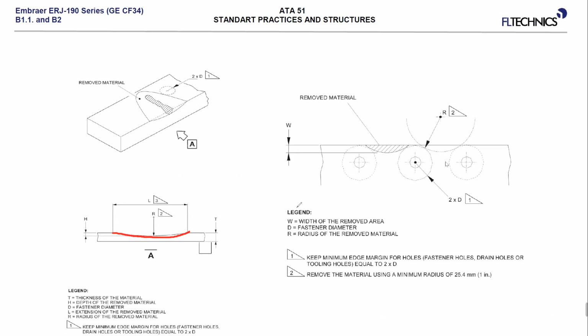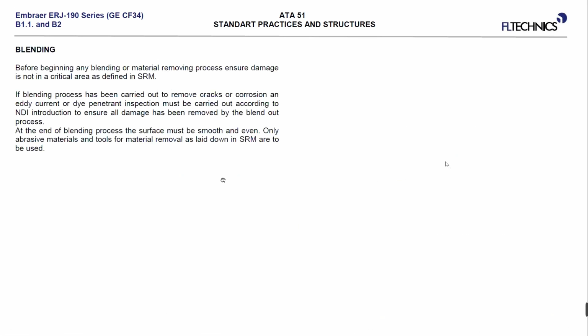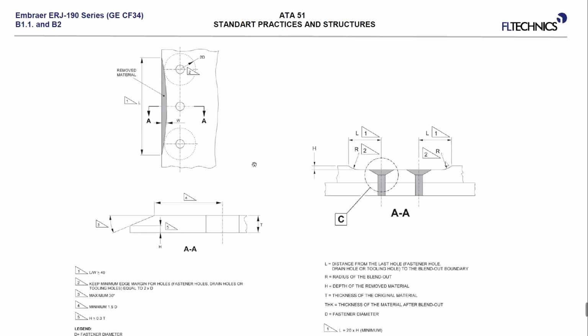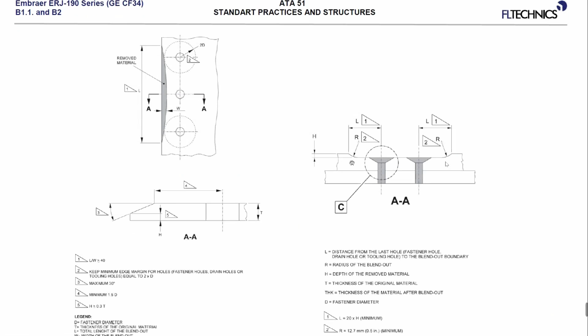So then we have to make measurements to check the width, the radius, and we are also interested in the fasteners if they are around the damage, and check for damage. This is the blending that we set. In this example, we have a second layer of structure, maybe a skin repair.